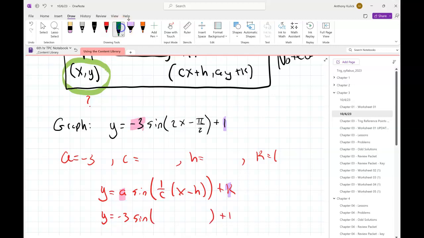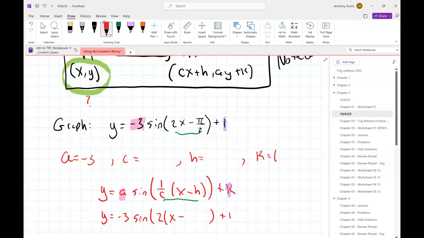Now, the tricky part becomes getting the inside to look like that, right? I'm going to start by factoring off a greatest common factor of 2. When I do that, what does pi over 2 become when I factor off a 2?